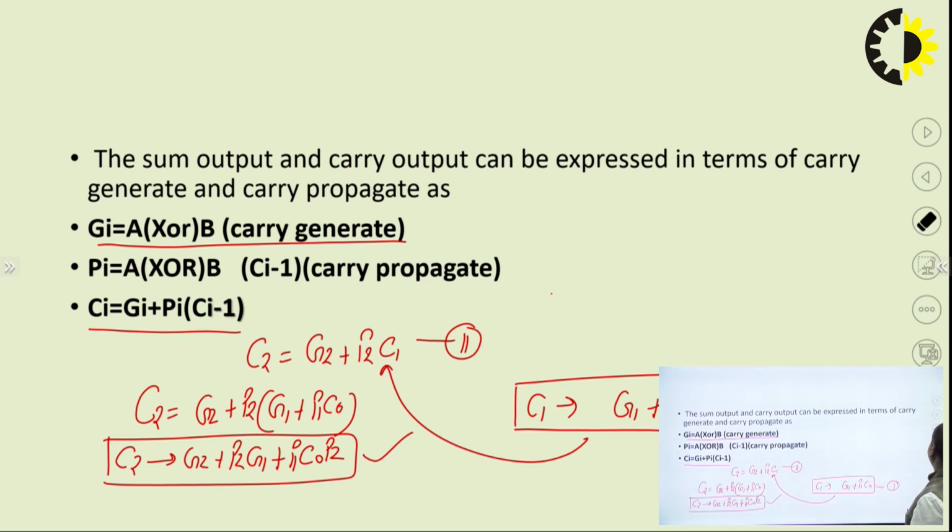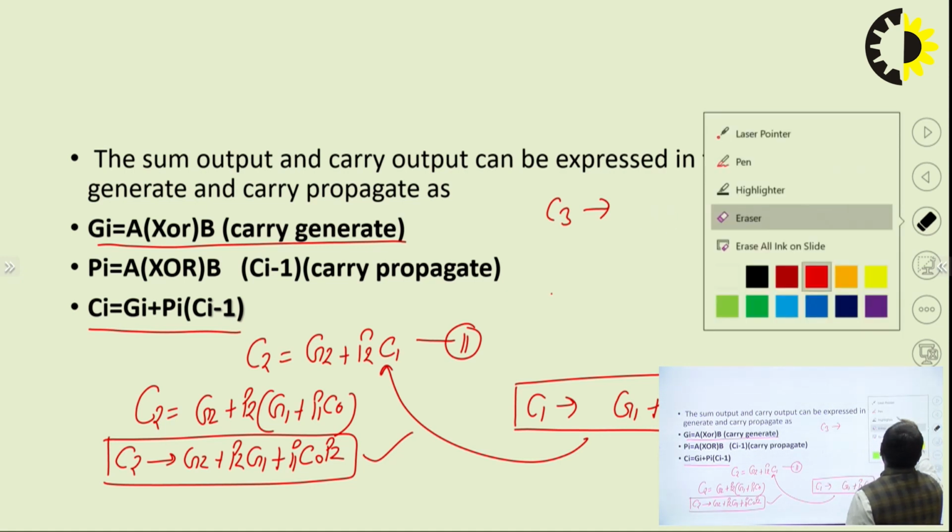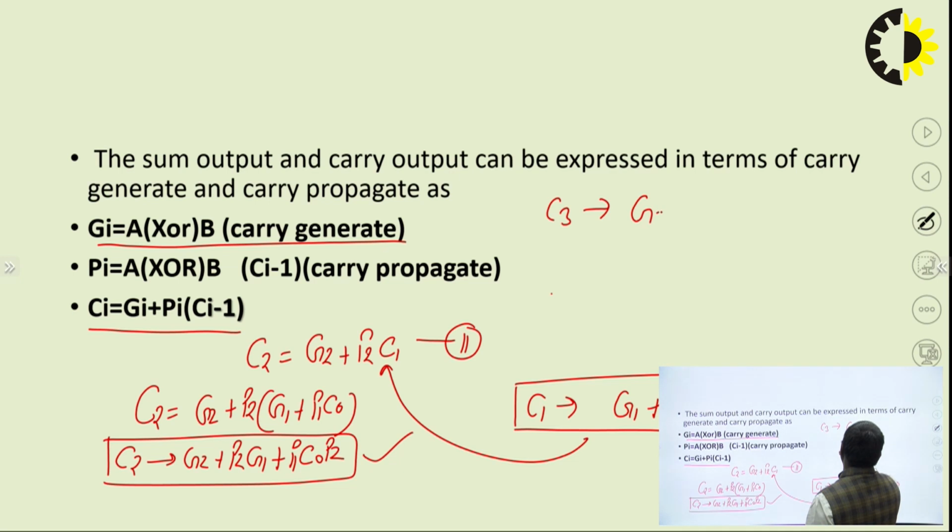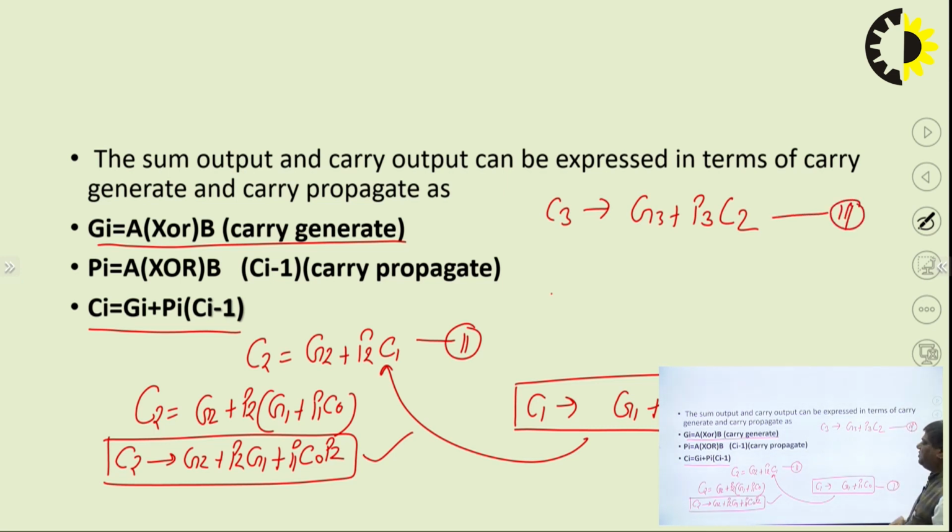Now the value of C3, what is the formula? C3 is G3 plus P3 and C2. Then we substitute the value of C2 in this equation number 3 with the help of the previous equation.